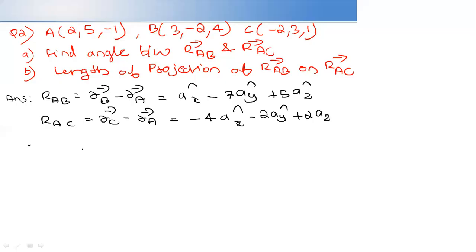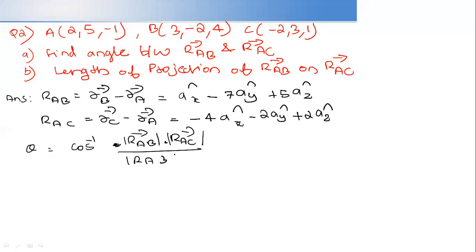Then theta is equal to cos inverse of the dot product RAB dot RAC, divided by mod of RAB into mod of RAC.